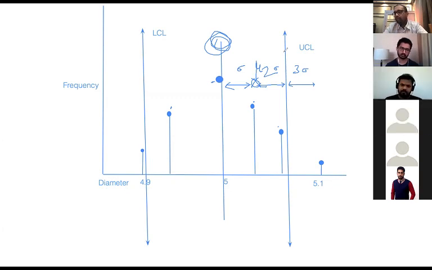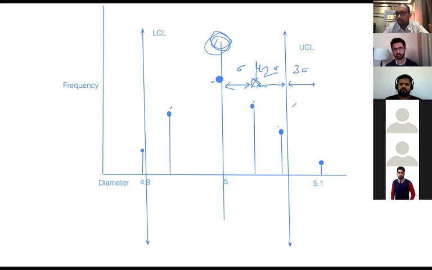Okay, this is a statement often heard: the higher the sigma level we reach, the better the process. What does this statement mean? Here we see, if we are under 2 sigma, the product is acceptable. If we go to the 3rd sigma, that means the product is already rejected, it is bypassing the upper control limit.